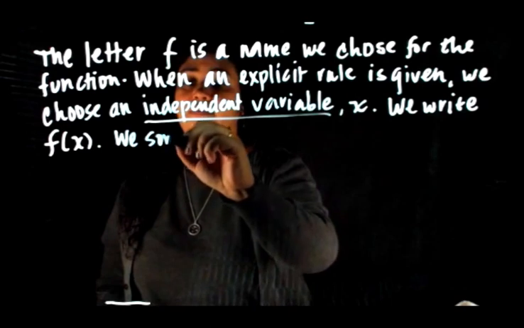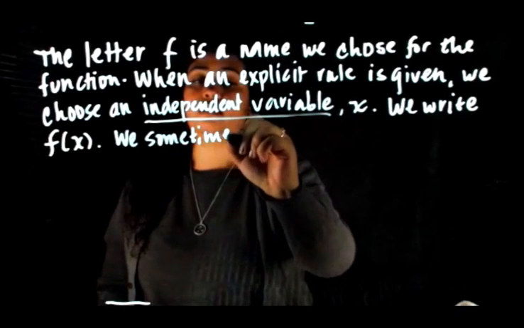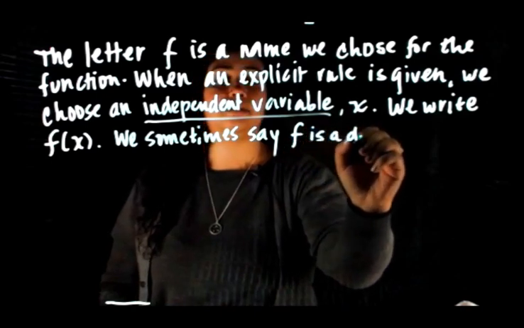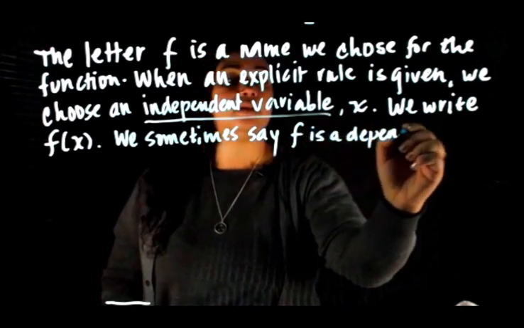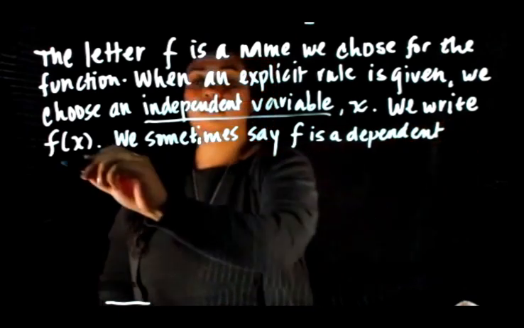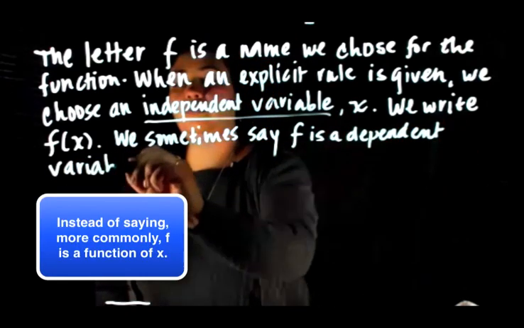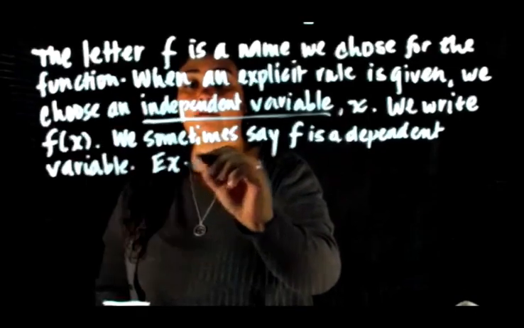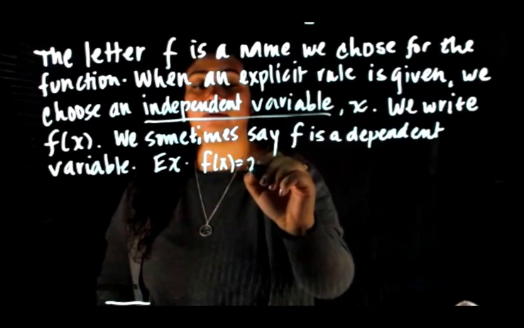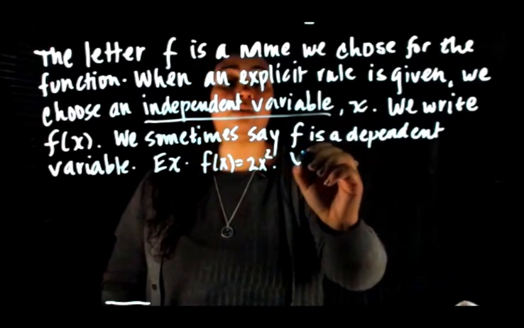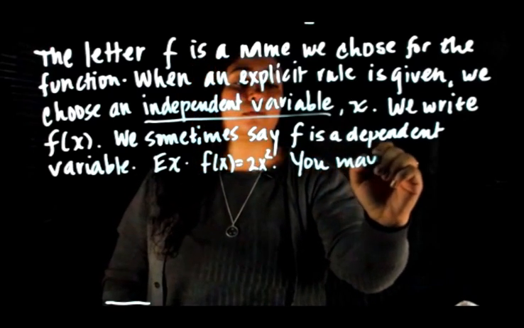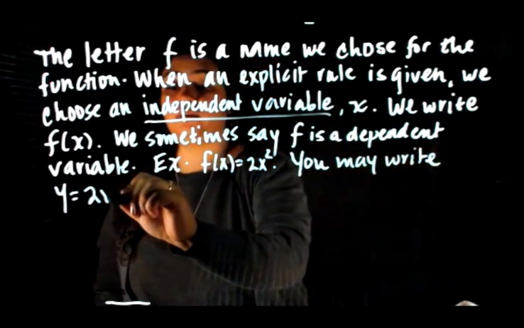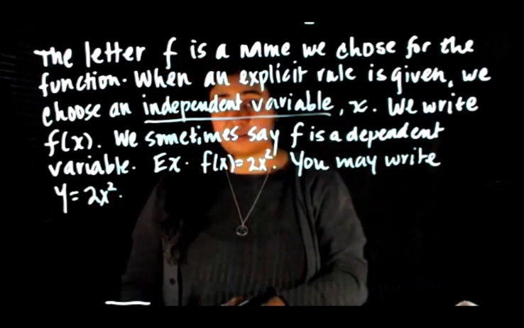We sometimes say f is a dependent variable. In our previous example, we wrote f of x is equal to 2x squared. You may write y is equal to 2x squared, and then proceed to graph.